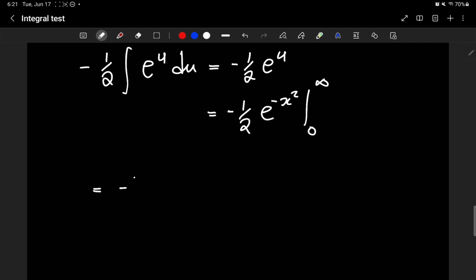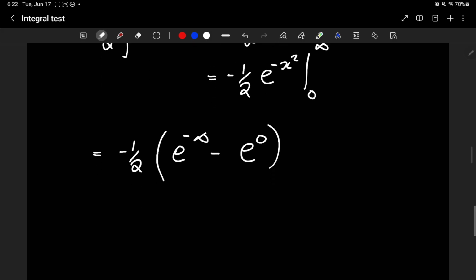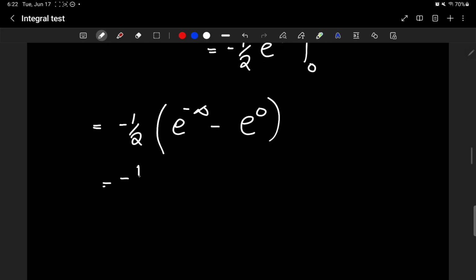When we bring in our limits, first let's substitute the upper limit, e to the minus infinity. Then minus the lower limit, e to the 0. Notice that e to the minus infinity is the same as 1 over e to the infinity. E to the 0 will just be 1.